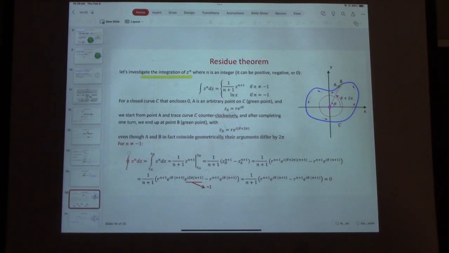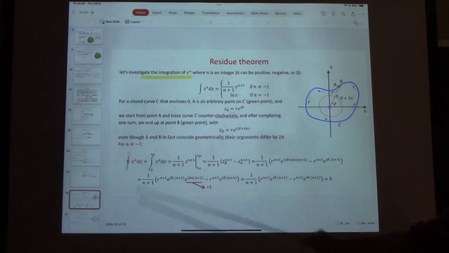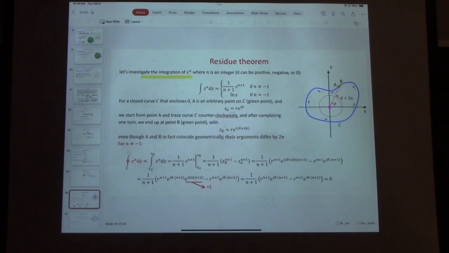Or the other way to look at it: z to the n, if n is positive or 0, of course the integral is 0, it's analytic. But the significance is that even if n is negative, like -2, which is not analytic, after this exercise you can show it's also 0.